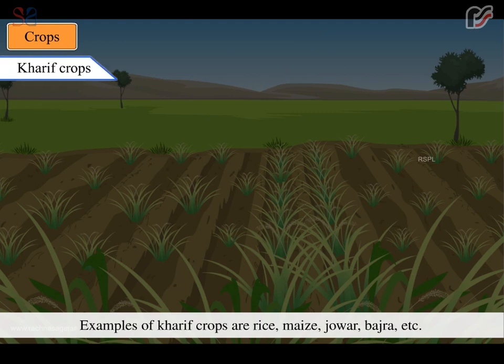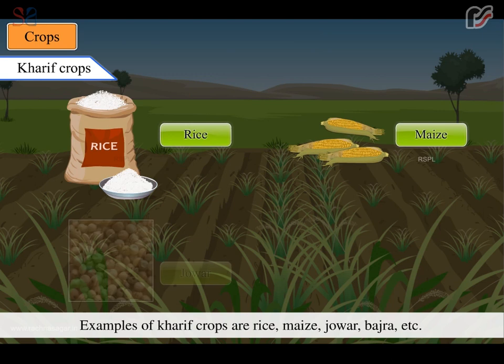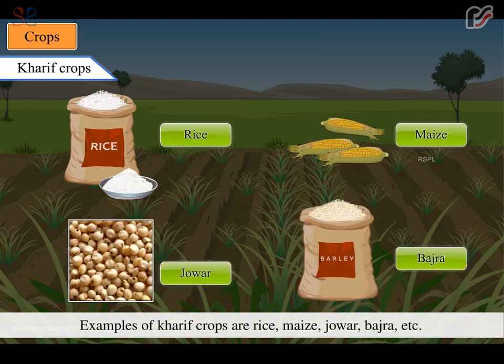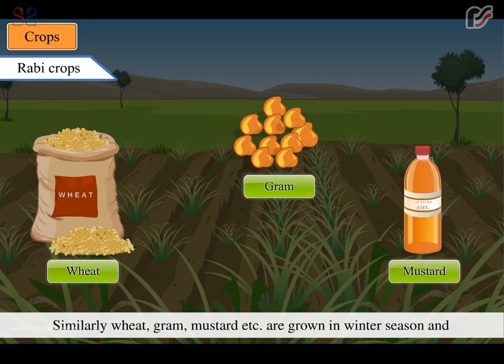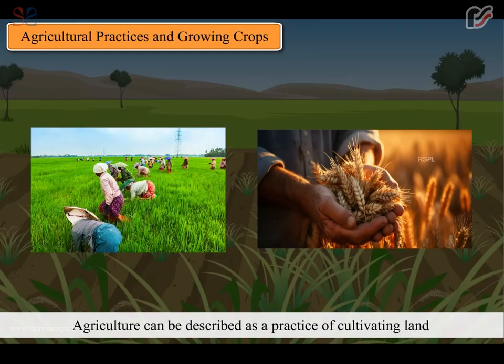Examples of kharif crops are rice, maize, jowar, bajra, etc. Similarly, wheat, gram, mustard, etc. are grown in the winter season and are examples of rabi crops.